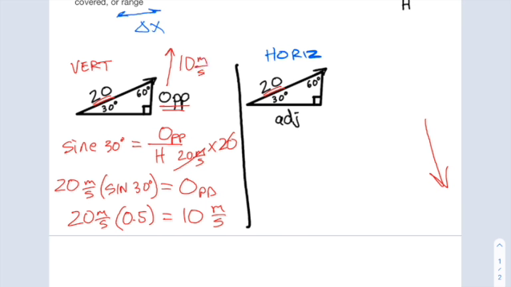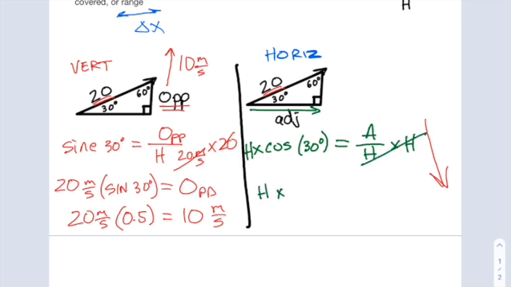that velocity. Switching over to this side over here, we know we're going to have the cosine of 30 degrees equal to the adjacent over the hypotenuse. So we multiply both sides by the hypotenuse, and that cancels out the hypotenuse. So the hypotenuse times the cosine of 30 degrees equals the adjacent side that we care about over here.